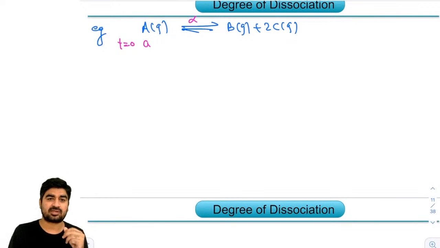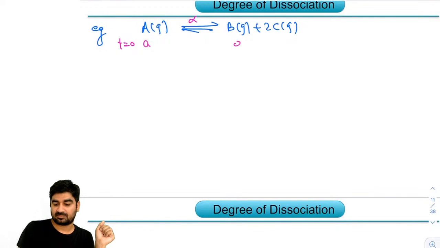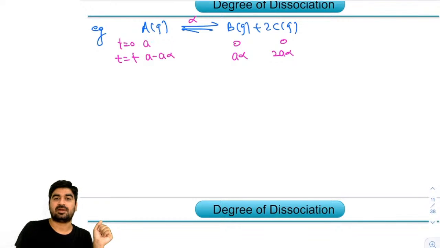Write down the expression for it, guys. I'm waiting. So at t equal to 0, the products are 0 and 0. Then A minus A alpha, A alpha, 2A alpha.